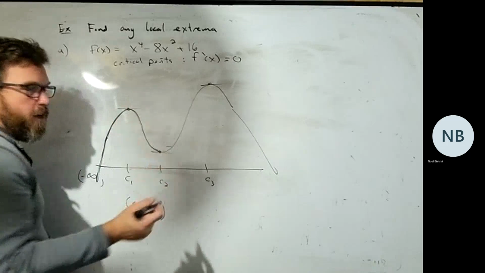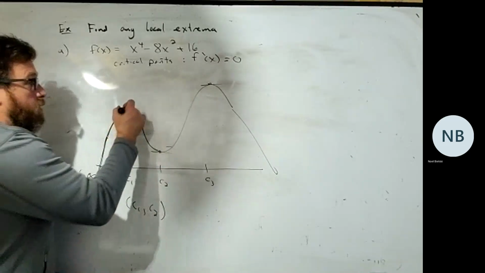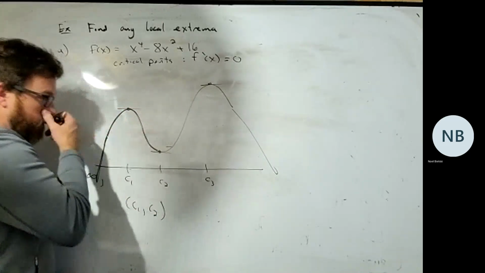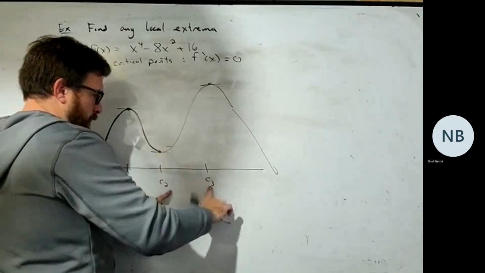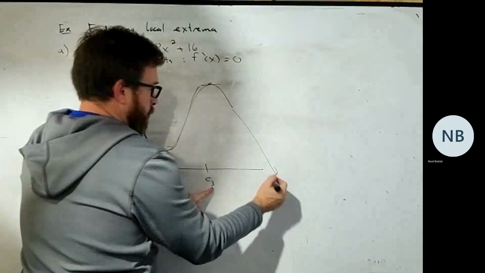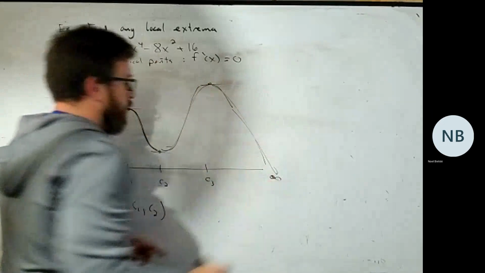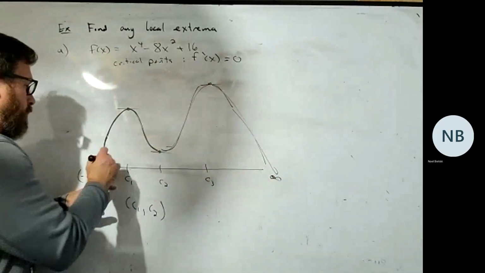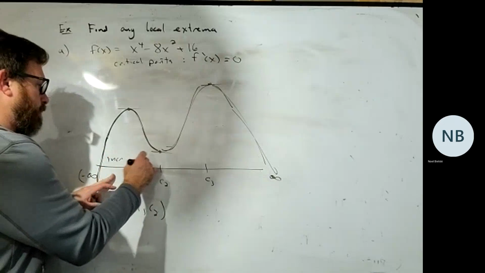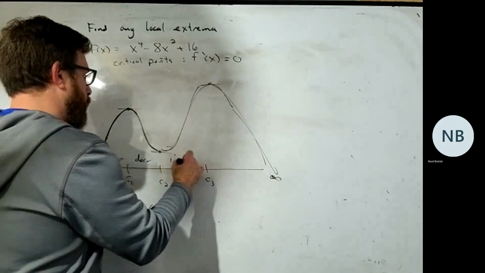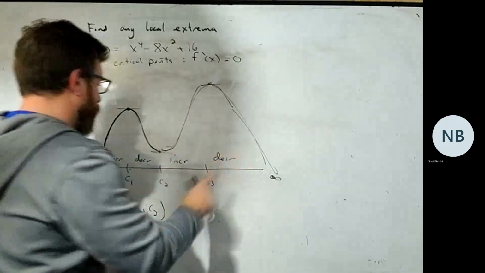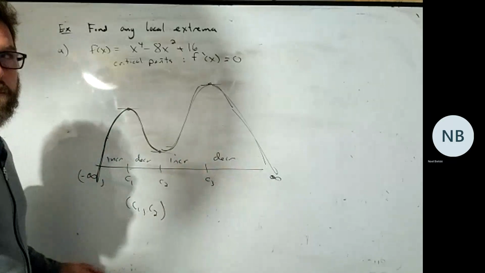I know the rate of change at which it's decreasing also changes, but it's going downhill, so it is a decreasing function. Between these two numbers, it's increasing, and then from here all the way to infinity, it's decreasing. So the only spots that these things change, from increasing to decreasing and so on, are at the critical points.